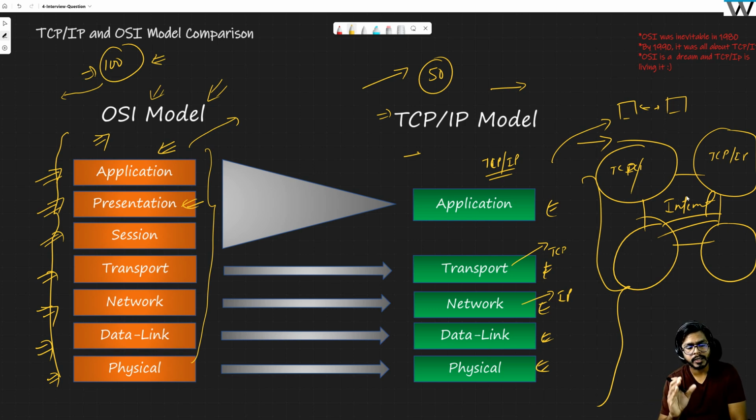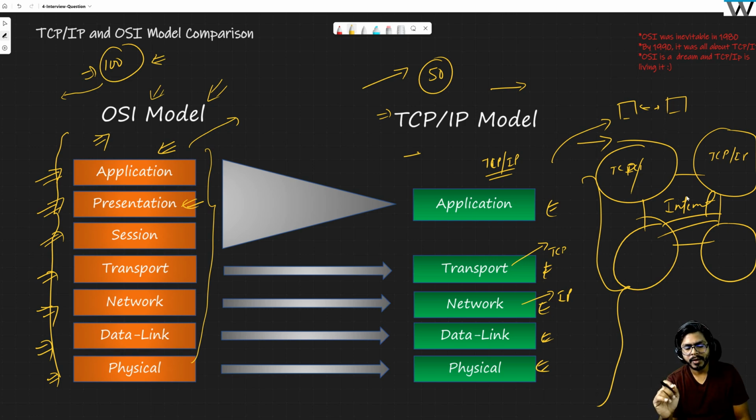So we do not want this model to go away. We can see the specification of this model, we can see all the protocols of this model, and that is why we keep it as a reference model, right? So in your college days, you read the OSI model first because that is the structured approach of reading.